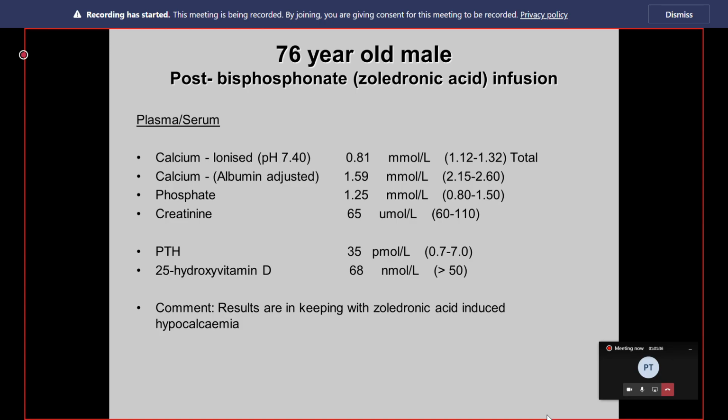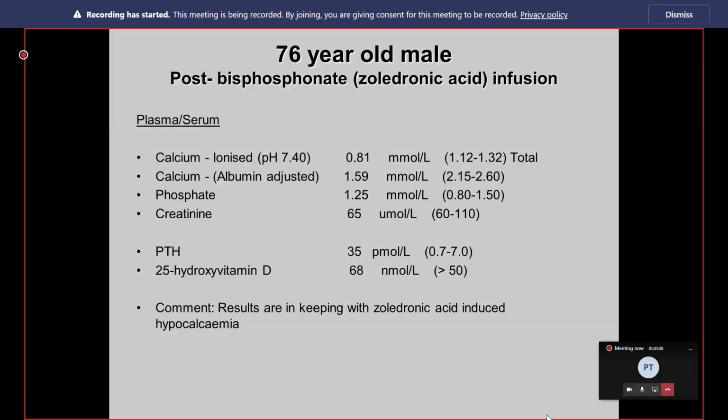Quite a rare complication of zoledronic acid infusion. And more recently, denosumab, another anti-resorptive agent, has also been associated with severe acute hypocalcemia following treatment. It's hard to predict who will develop it.